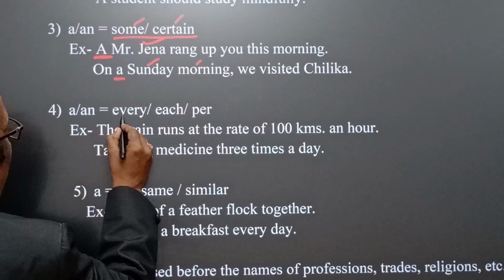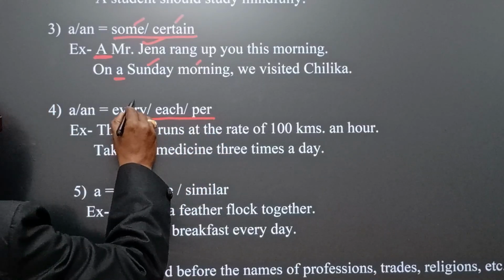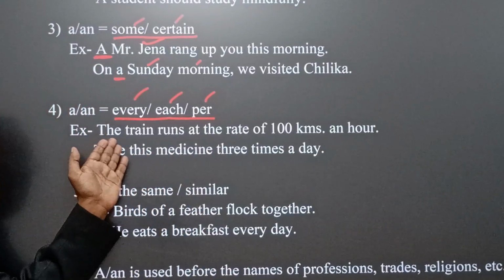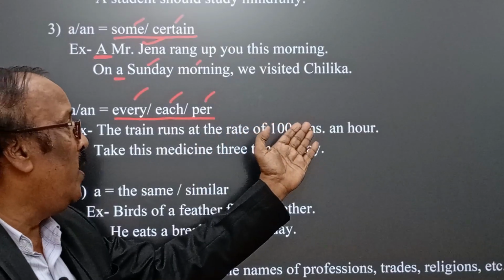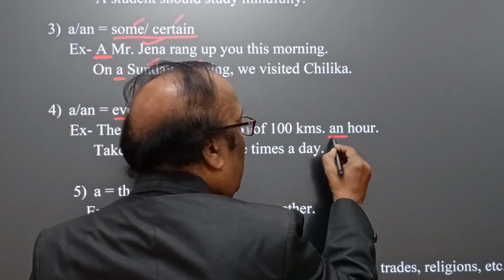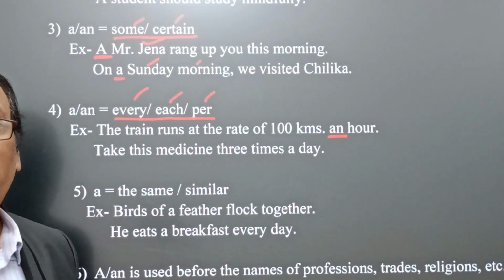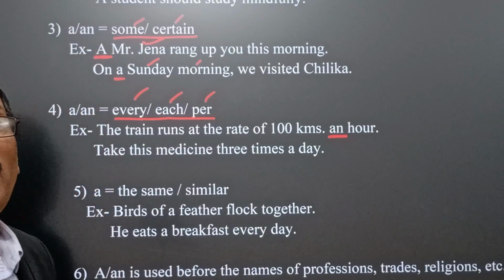Whenever a or an is used to mean every, each, for. Every, each, for. Yes, we say: you see, the train runs at the rate of 100 kilometers an hour. It means per hour. The train runs 100 kilometers per hour, or here we say an hour.